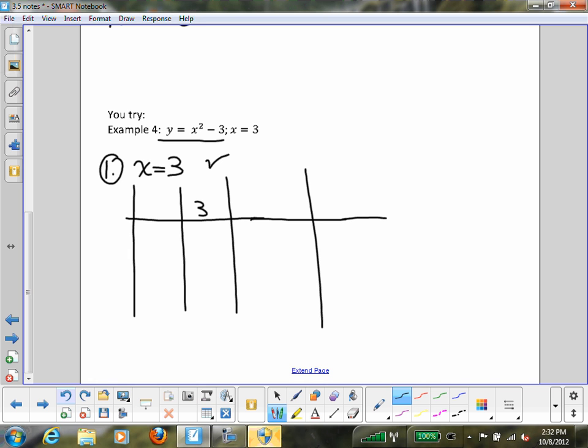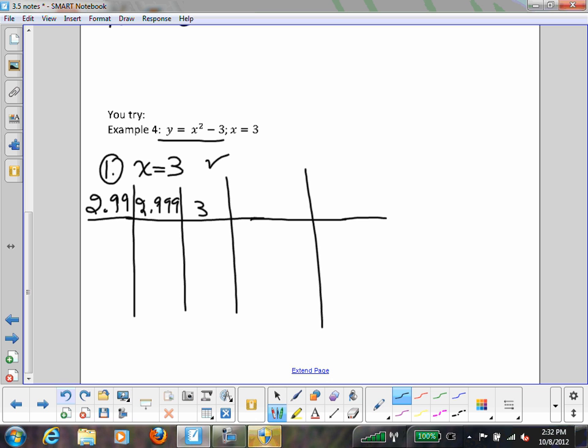Or to the left of 3? Well, look at your numbers. Don't your numbers on a number line get bigger to the right and smaller to the left? So 2.999 and 2.99. To the right is what?